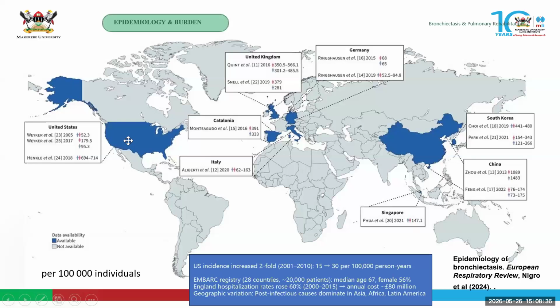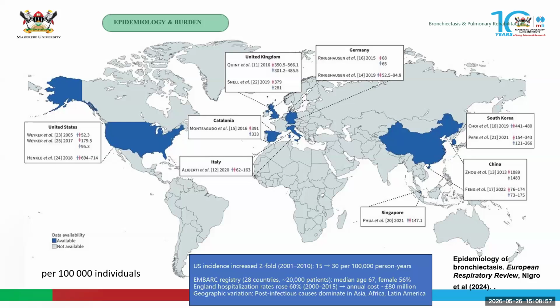In blue, we have the available data, and the gray shade is where we actually have no consistent data by the time the author was drawing this map.